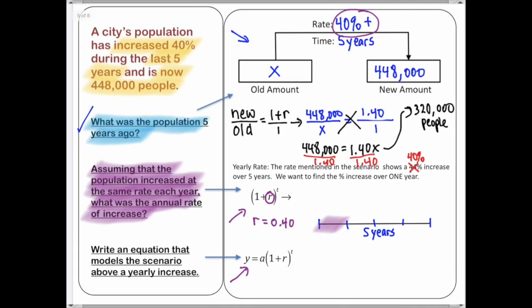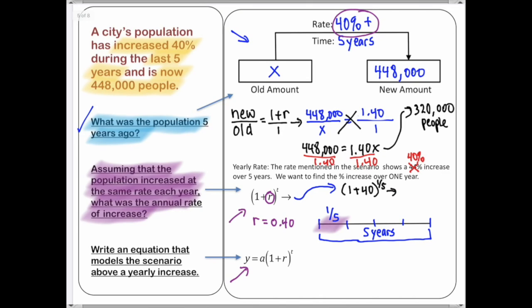So the way that we set this up is that we have one whole chunk, okay? This whole chunk is like one time period, and this is going to be 1/5 of the time period. So putting all the pieces together, if we want to know what the percent increase per year is going to be, we go 1 plus 0.4, and we raise that to the 1/5 power.